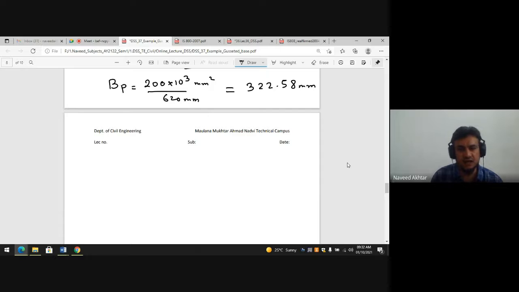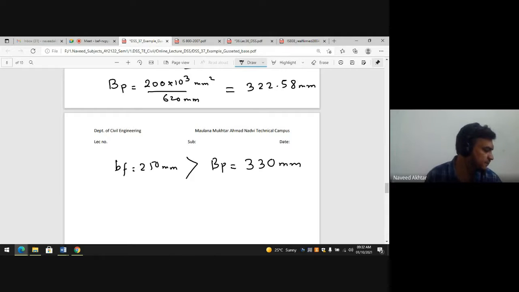So I will round up. Now we check that our BF is 250 mm, and the breadth of plate is greater than that, so it is okay. We will consider breadth of plate 330 mm.